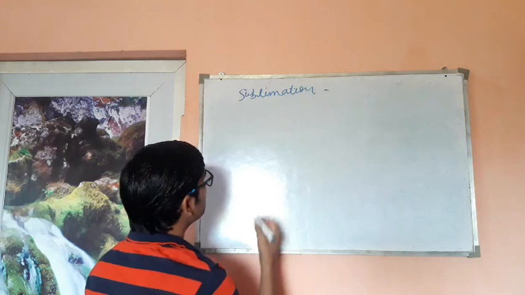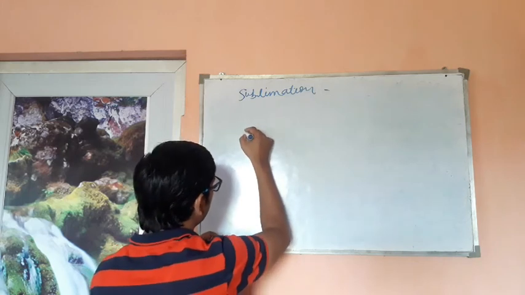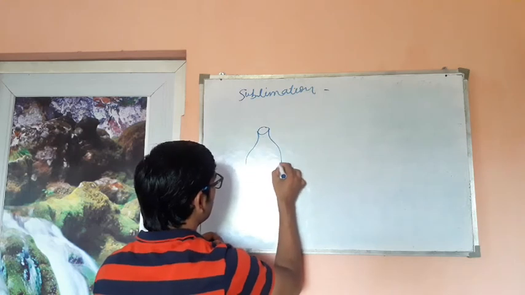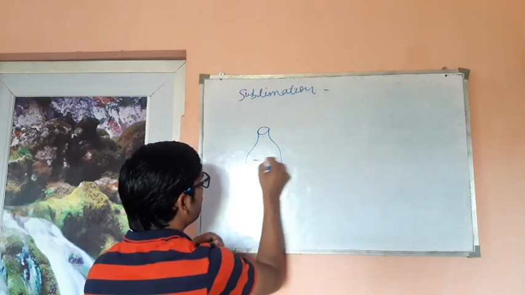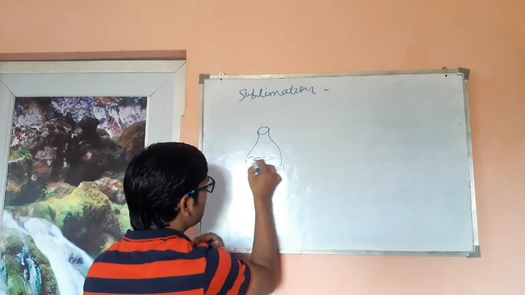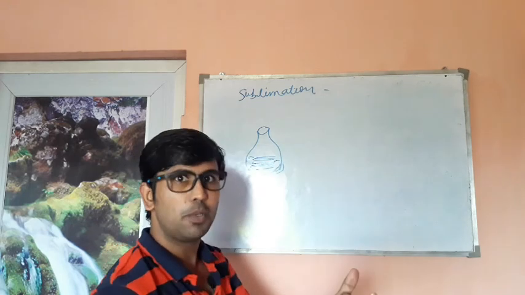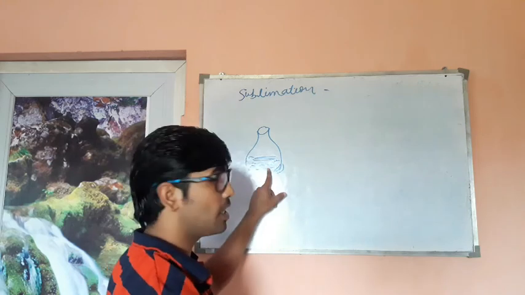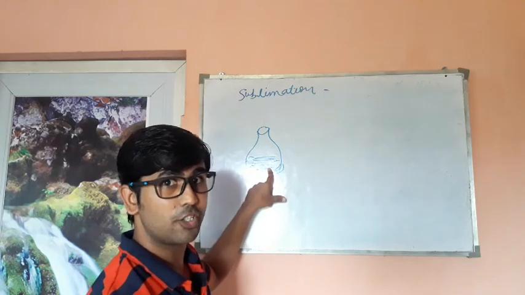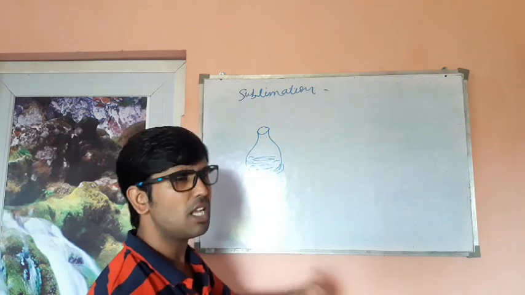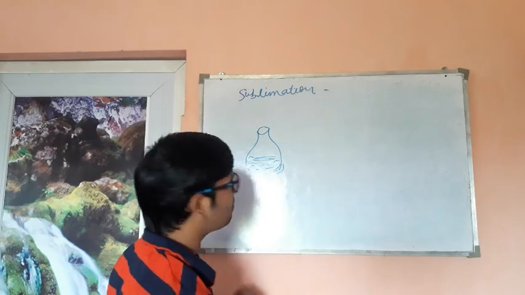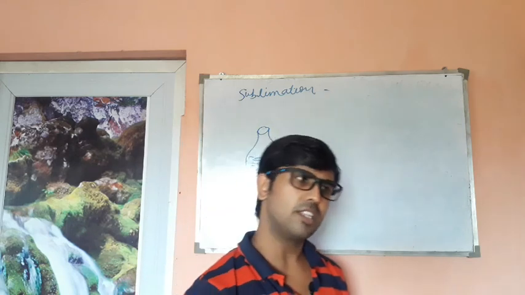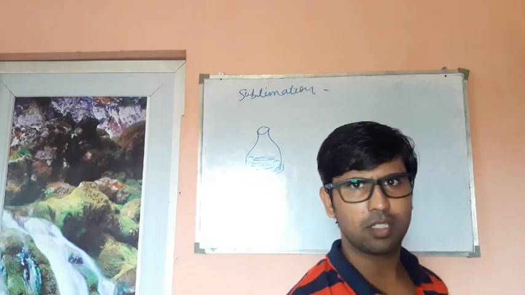So in sublimation, if we have a mixture, and in that mixture any component which is sublimative is mixed with the mixture, then how would we separate it? For example, if this is a mixture of silver and ammonium chloride, then how would we separate both?